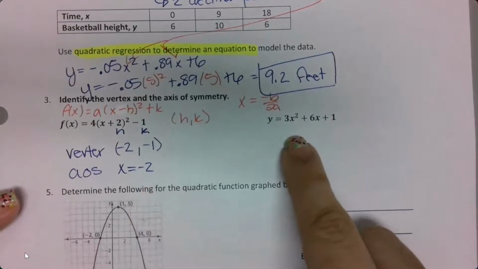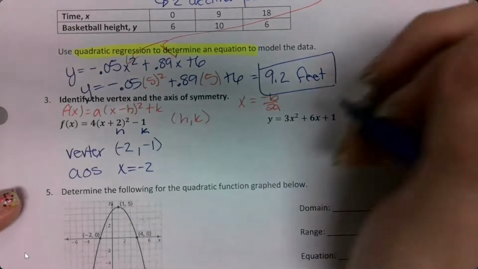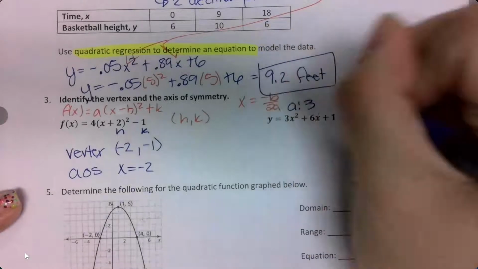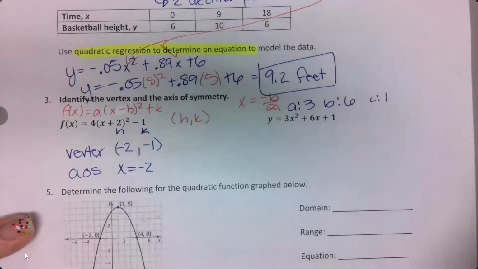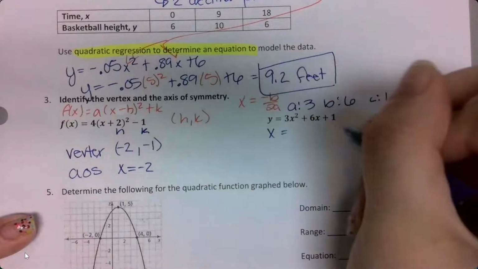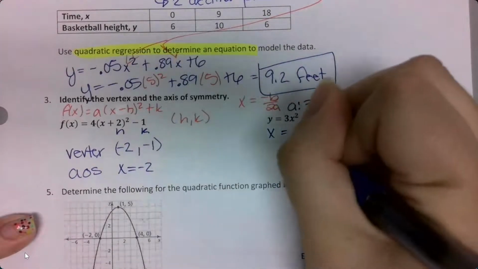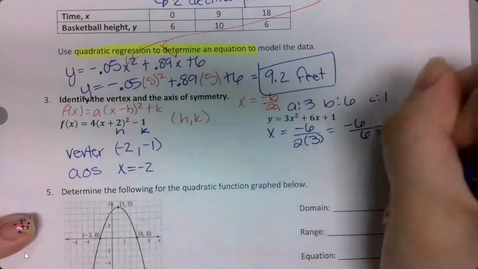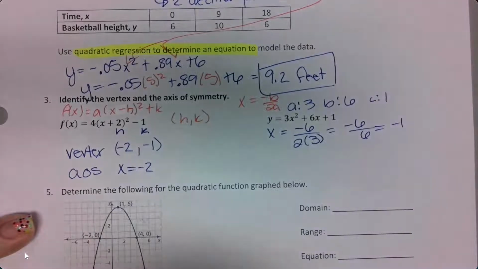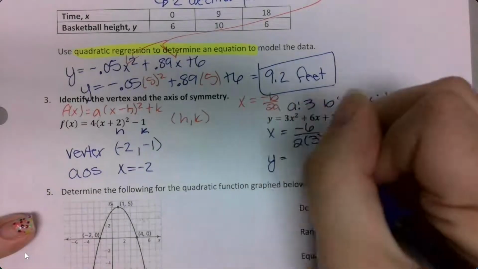Over here on the second one, that's where I want to use the x equals negative b over 2a. So my a is 3, my b is 6, and my c is 1. So I'm going to plug in. I get x equals negative 6 over 2 times my a value, which is 3. So negative 6 over 6 gets me negative 1. And then I want to go ahead and plug in negative 1.